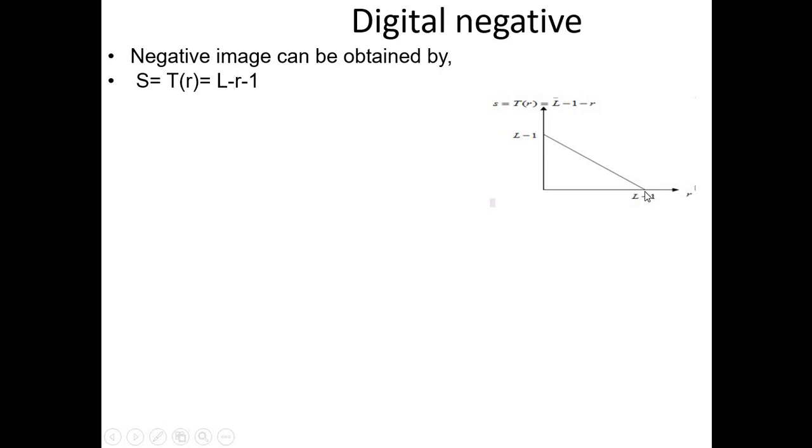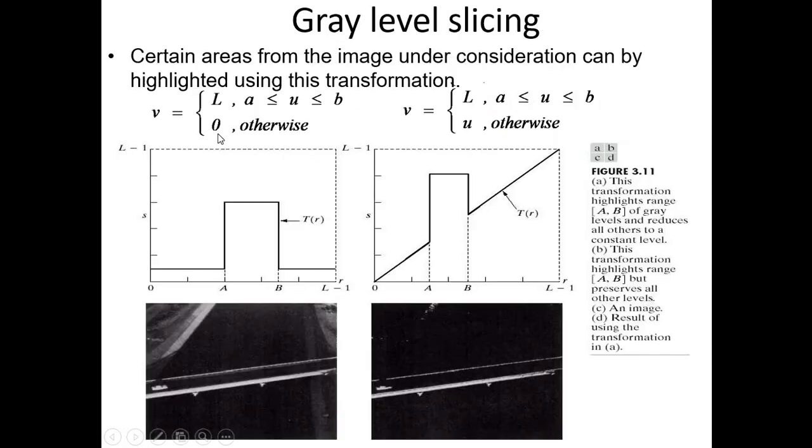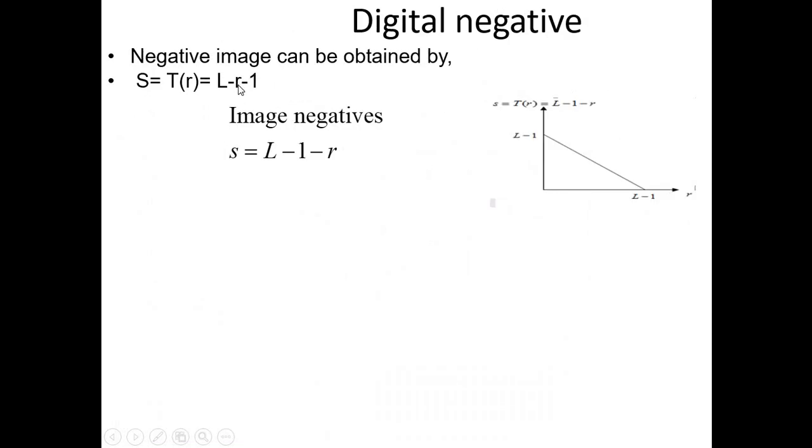If you apply this transformation on the given image, for example, if r is equal to 0, you can put it here, r equal to 0. Then the result is s is equal to L minus 1. For example, for an 8-bit image, L is equal to 2 raised to 8, which is 256, minus 1 is 255. So in the original image, if the pixel value is 0, that is transformed as 255.